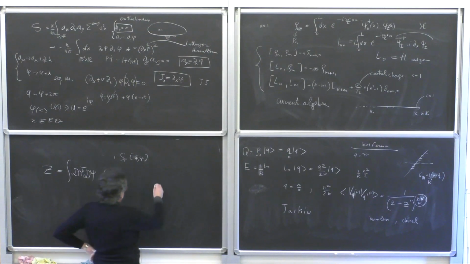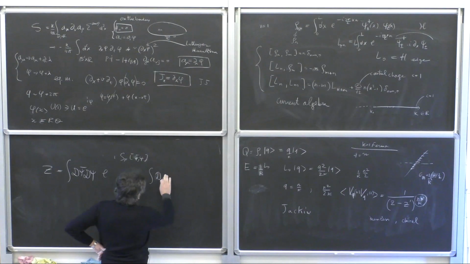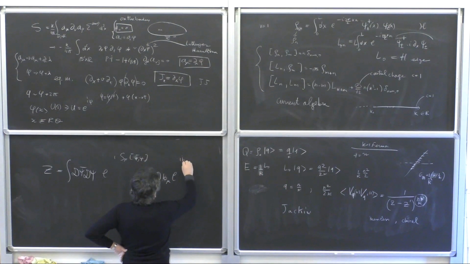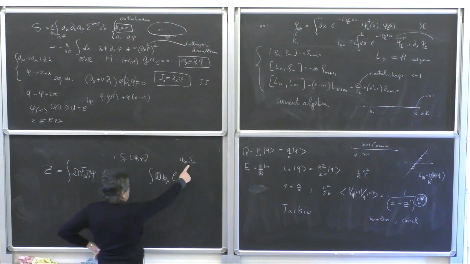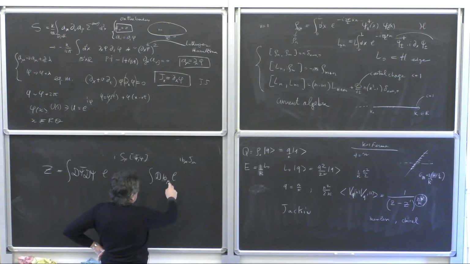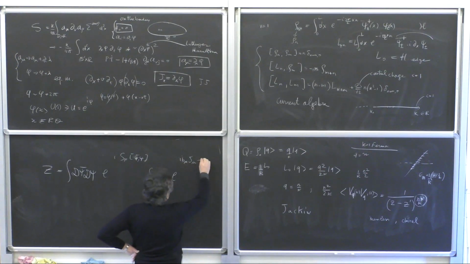So I put another field, this other field b mu, and this makes a Lagrange multiplier that fixes the current to some given value.